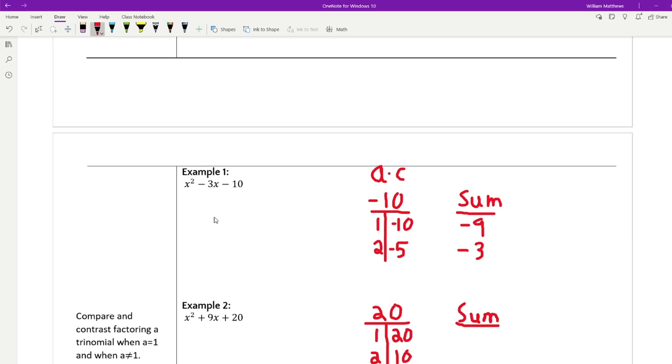After this, we follow the same steps. We are going to break our b value into two separate components. So the x squared stays the same. Instead of -3x, we break it down into the 2 and -5.